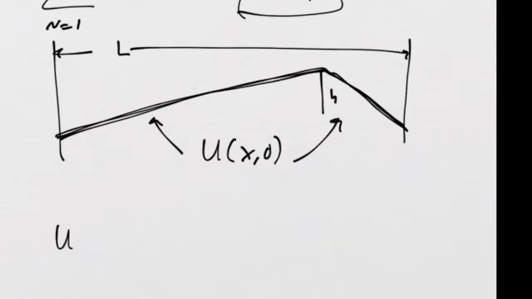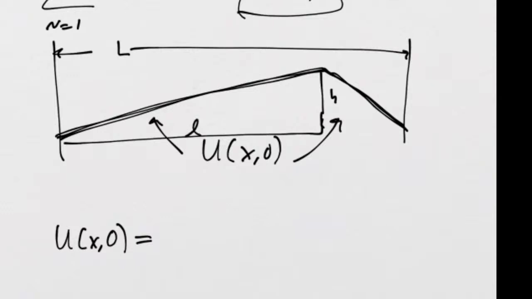So what we want to say is that u of x at 0 is going to be, oh, there's another number we need, of course. We need to know where we plucked the string. So that distance of plucking the string, I've got to give it a symbol. Let's give it a symbol, little l.